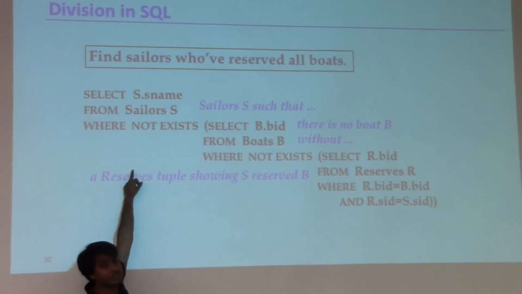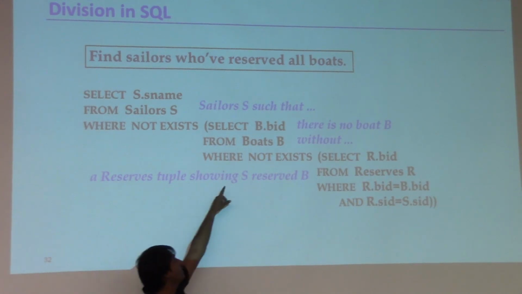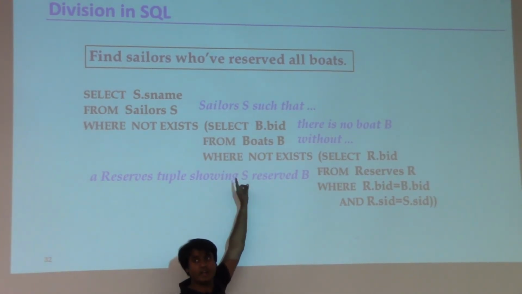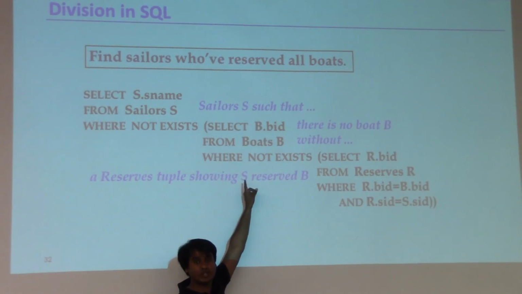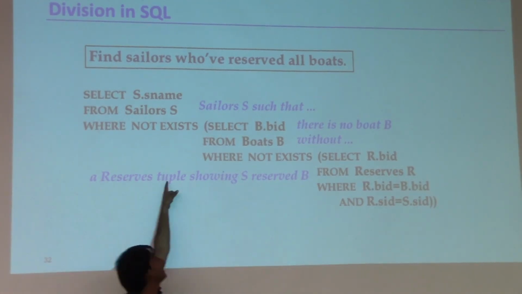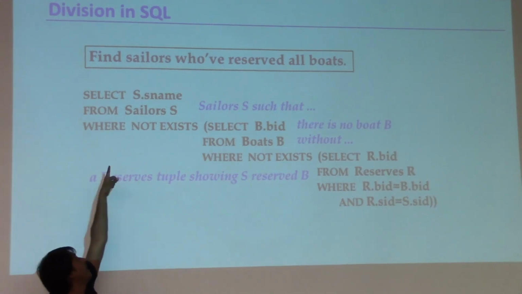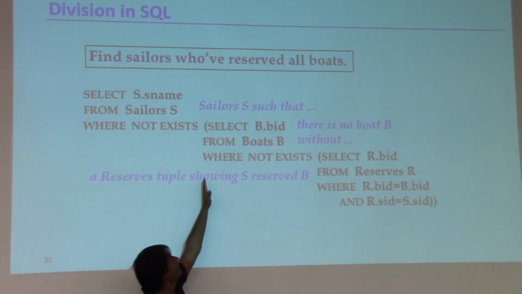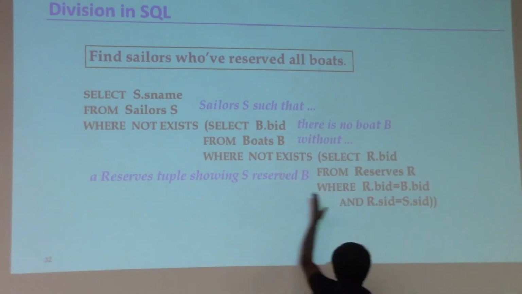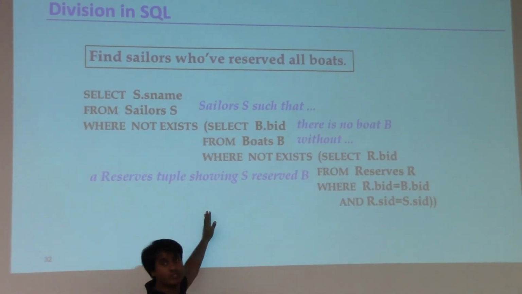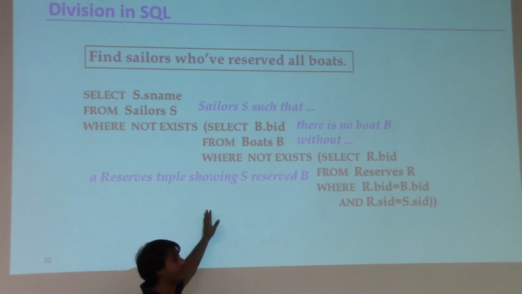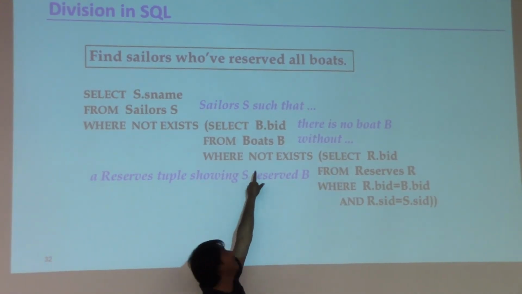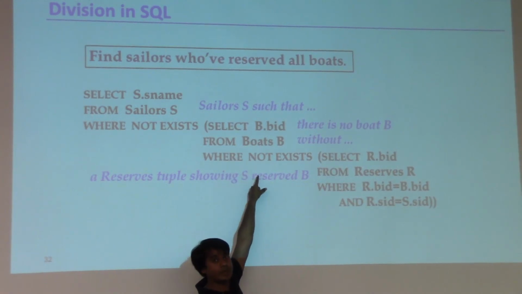And again I do the not exists. So if there is at least one boat that the seller has not reserved, then it will again become false, and that SID will not come there. It's a little tricky, but make sure this full block executes so that the boat should not appear here. If the boat appears here, that means the seller has not reserved it.